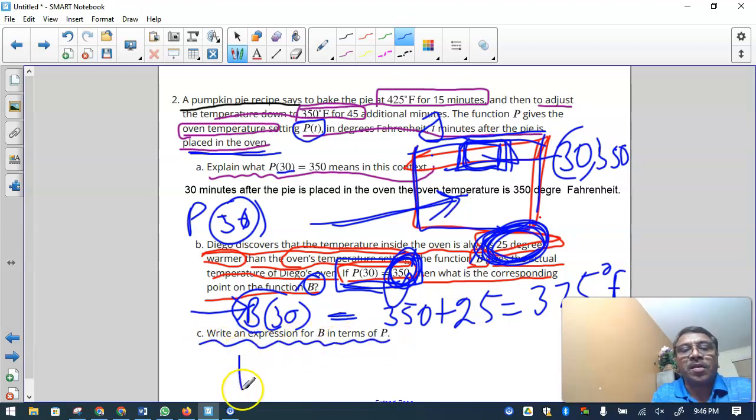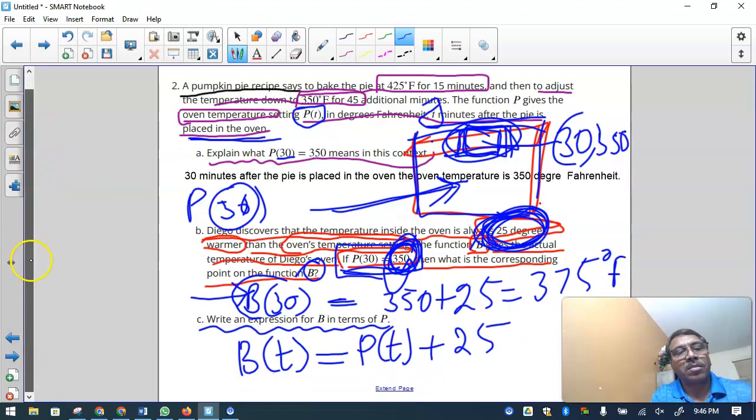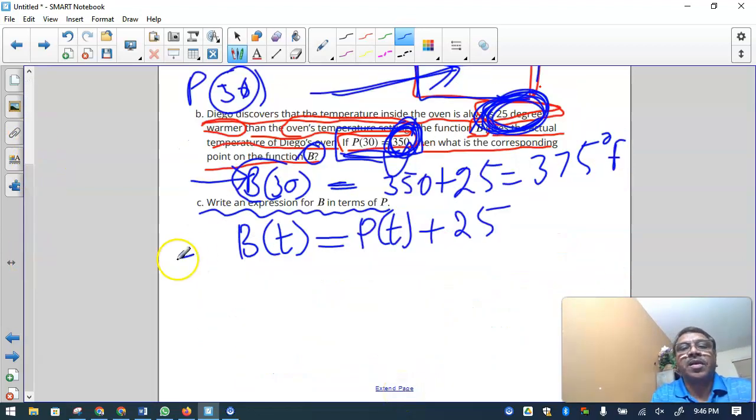So the inside temperature is higher, so I put B of T equals whatever the temperature you see right here, that is P of T, and then plus 25. So basically this is the main important formula.